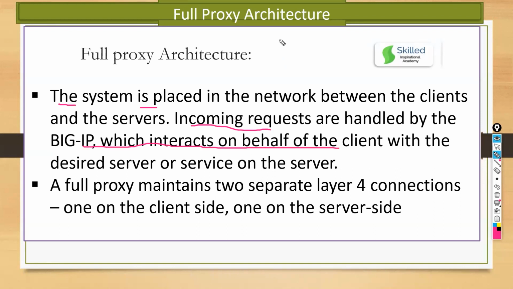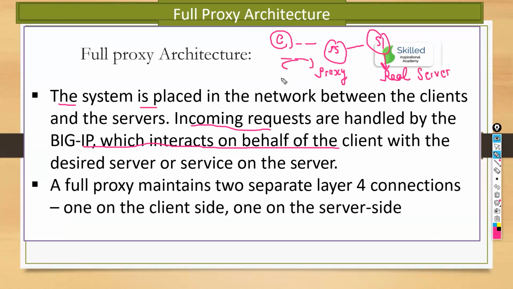One more advantage is the client will never come to know the server IP. That is why it is called proxy. Your real server IP will always be hidden because the client is initiating a connection with your virtual IP. So the client will see, oh, I am getting a response from F5.